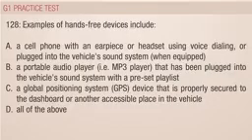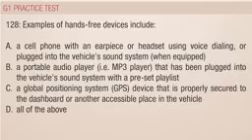Question 128. Examples of hands-free devices include A. A cell phone with an earpiece or headset using voice dialing, or plugged into the vehicle's sound system when equipped. B. A portable audio player, that is MP3 player, that has been plugged into the vehicle's sound system with a preset playlist.